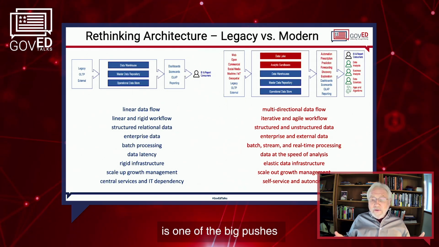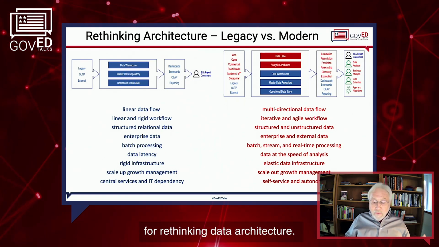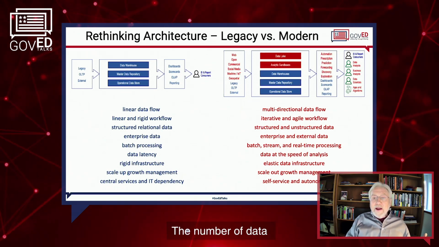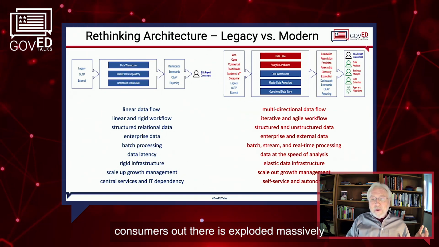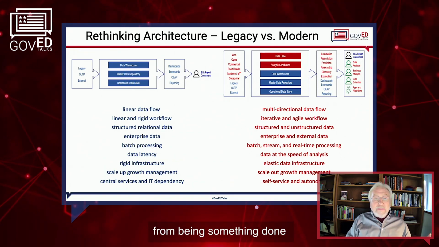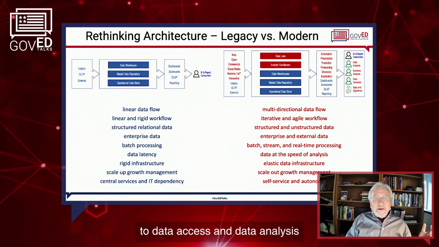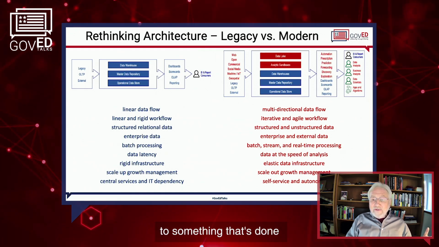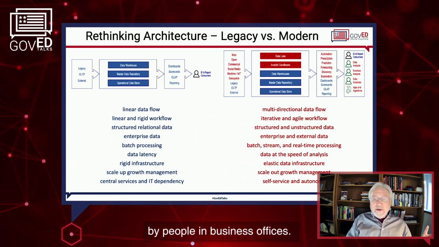And self-service is one of the big pushes for rethinking data architecture. The number of data consumers out there has exploded massively as we move data access from being something done by technical people to data access and data analysis as something that's done by people in business offices.